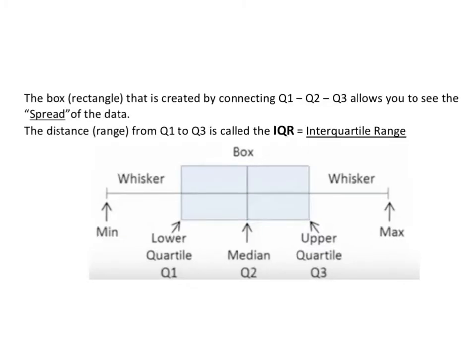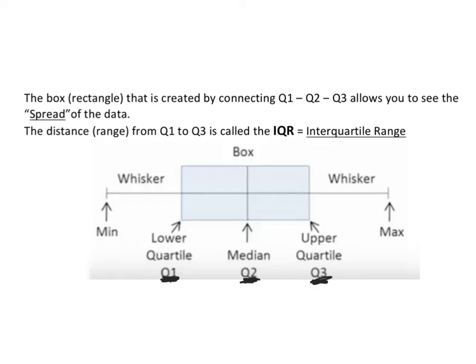So the box or rectangle is created by connecting Q1, which is right here, this stands for quartile 1, to Q2, which is in the middle, the median, and Q3, which is the top or the upper quartile. They allow you to see the spread of the data. Spread, we learned earlier, means range or variation.